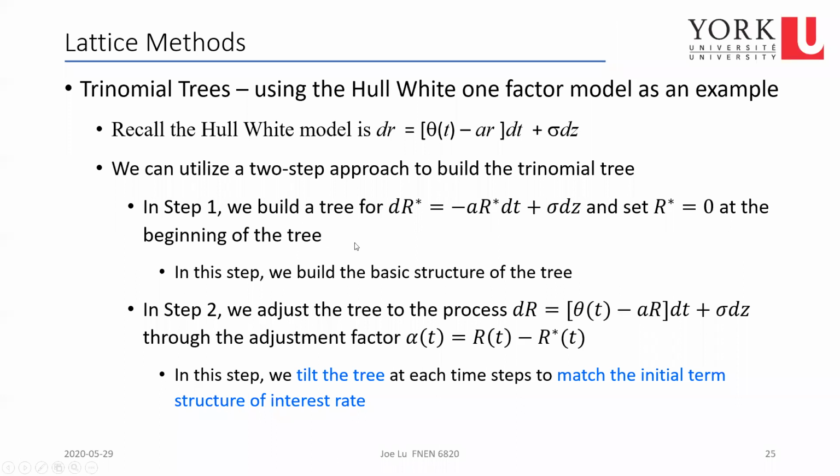In the first step of building the tree, essentially we're building this part. If you see, this is theta times dt and minus a R times dt. So we will ignore this theta part. We just basically have this minus a times R dt plus sigma dz. That's basically what we build to begin with.